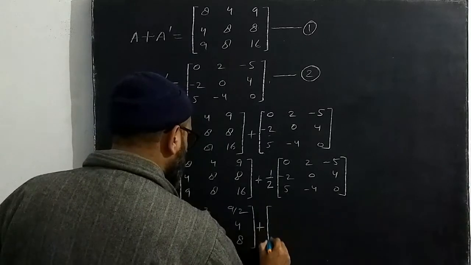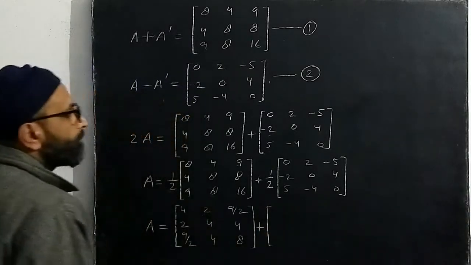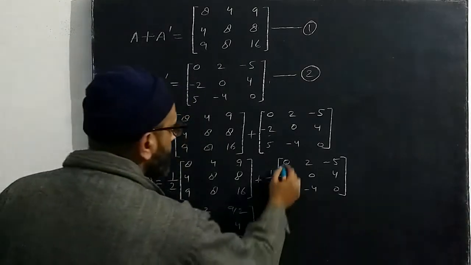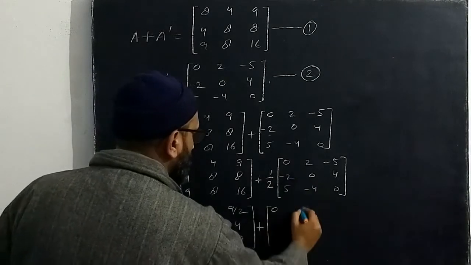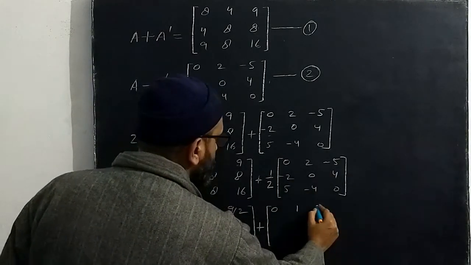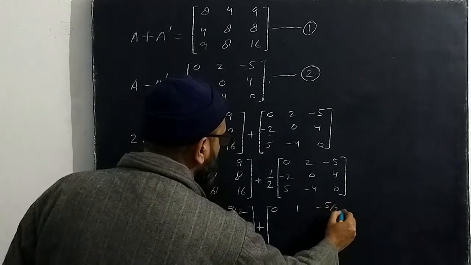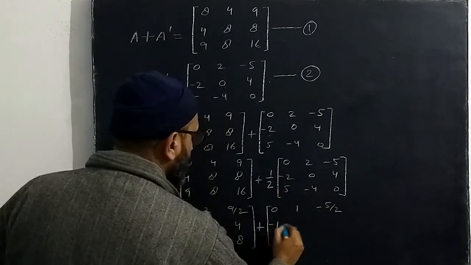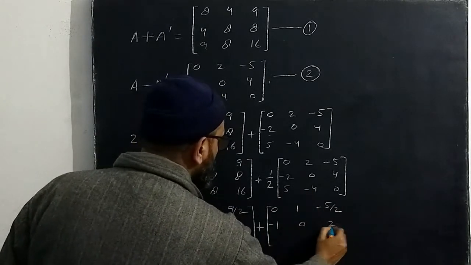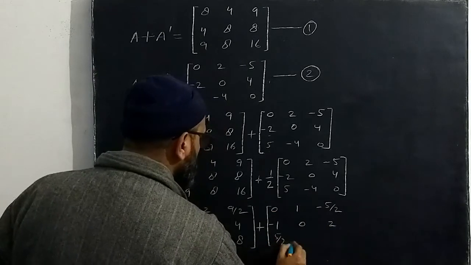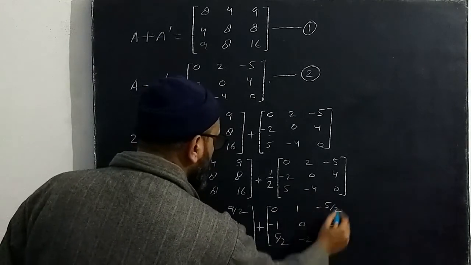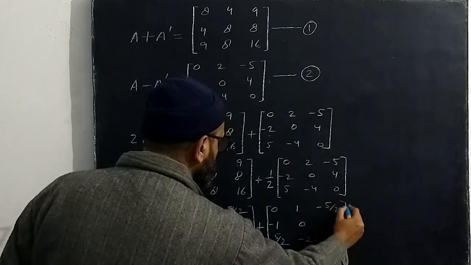Similarly, in the second matrix, we have to multiply each and every element by half. So we get 0 1 minus 5 upon 2, minus 1 0 2, 5 upon 2 minus 2 and 0.